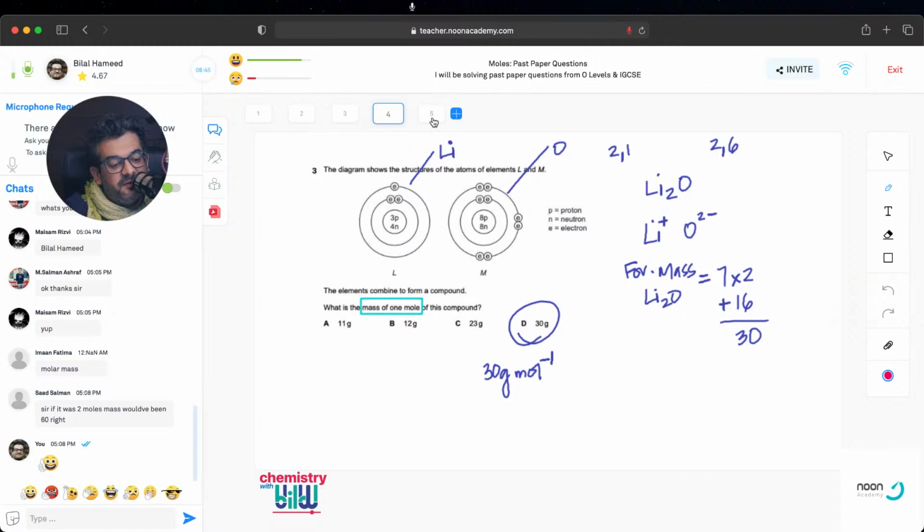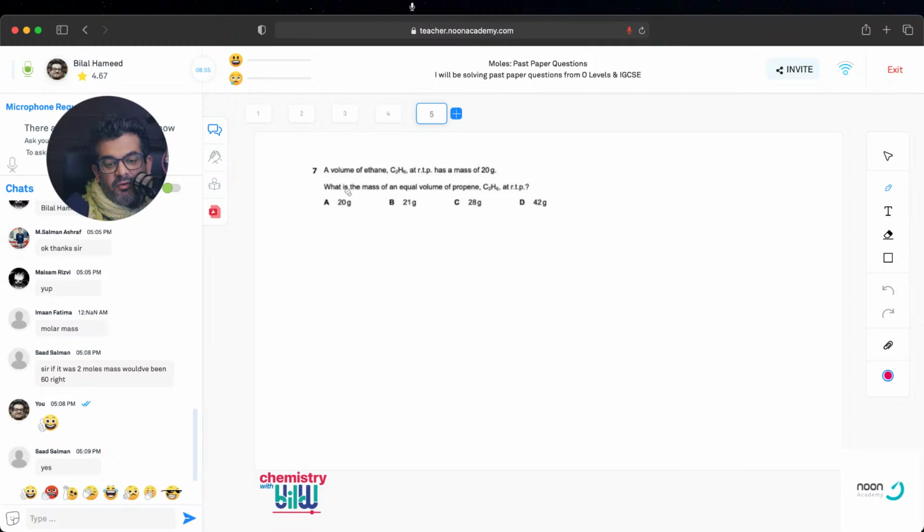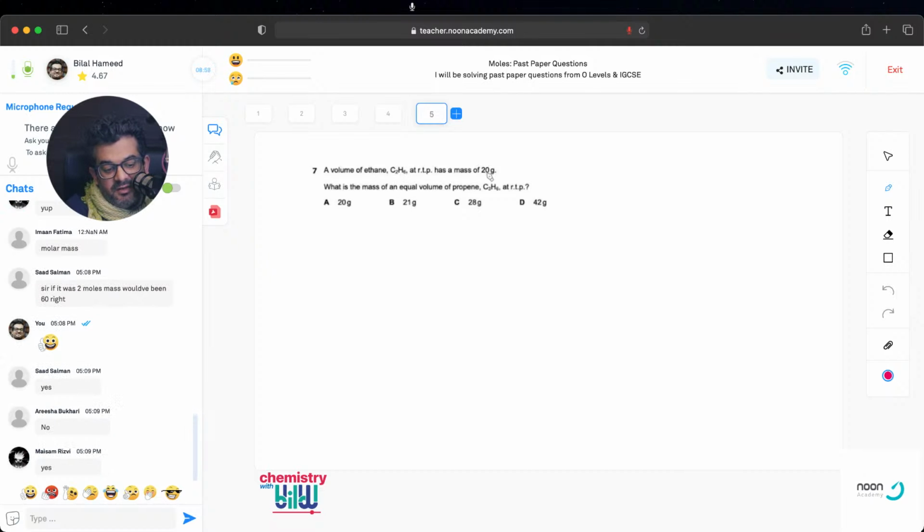Next up, number 5. Can you guys read the questions? Are they legible for you? I hope they are. So a volume of ethene is 20 grams. What's the mass of an equal volume of propene? Now, we have 20 grams of ethene, and we need to find the moles first and then the volume.